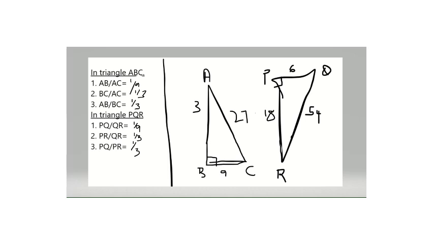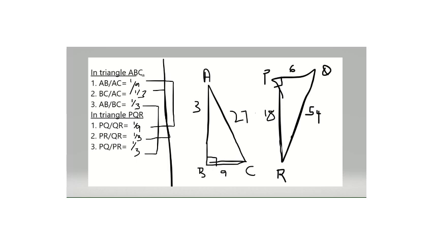If you look at this closely, you can see that this side and this side are actually similar. They are in proportion because they are both 1 over 3. Same goes with this side and this side.